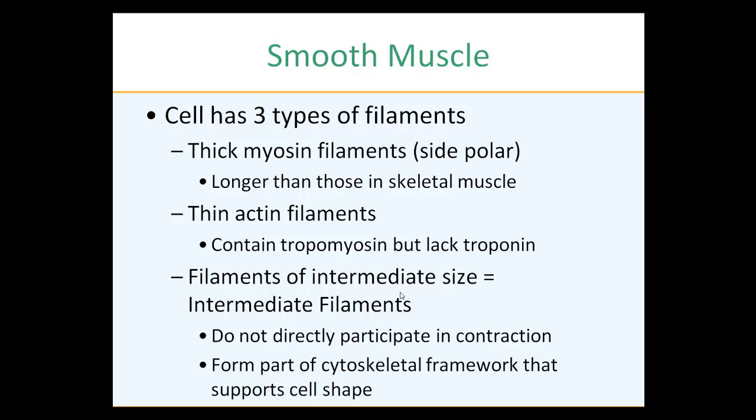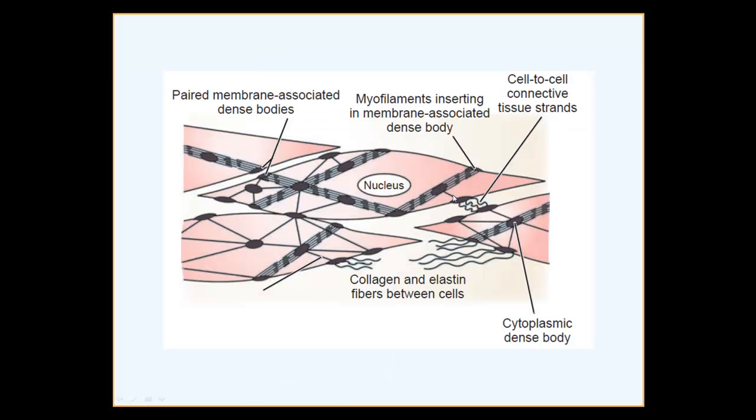Here we will see that they are on the opposite direction of the thick filaments, and that allows the heads to move into opposite directions and then they will pull on the thin filaments into opposite directions, and we will see what that means in just a short bit. But for now, let's just remember this word, the side polar arrangement of the thick myosin filaments.